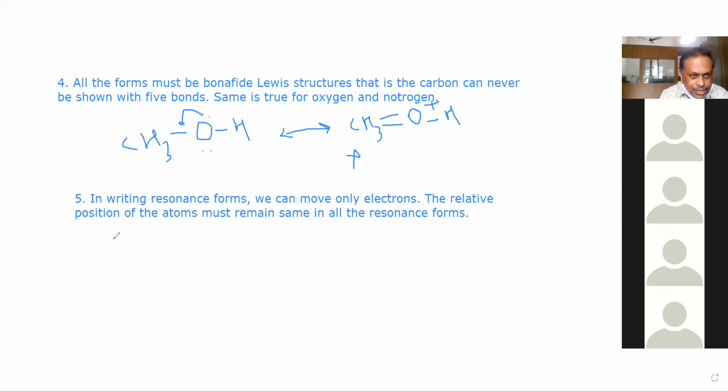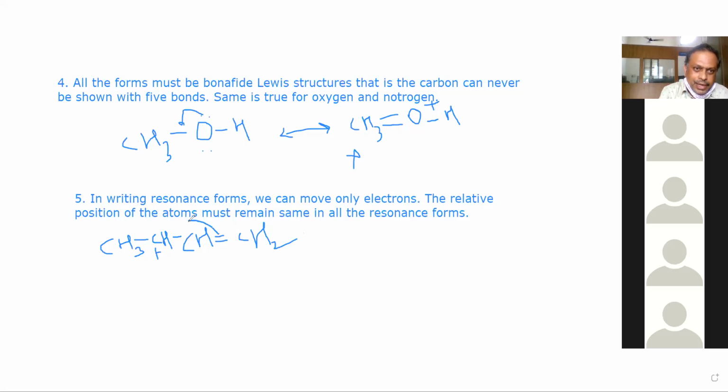For example, CH3 CH plus CH double bond CH2. CH double bond CH2. This is in conjugation with the positive charge.